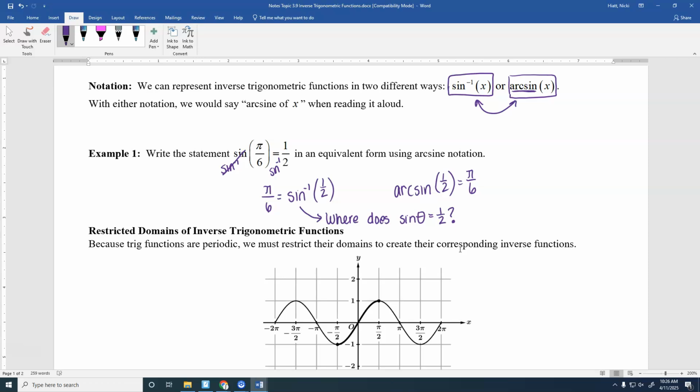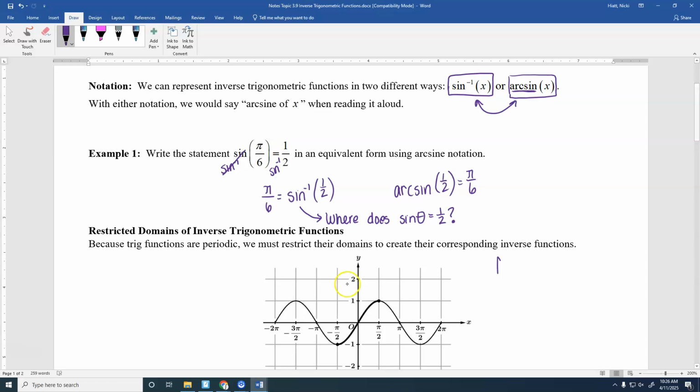Now, whenever we look at trig functions and think about their inverses, the trig functions are certainly functions. They pass a vertical line test. Each x only has one y. But these values are repetitive, right?